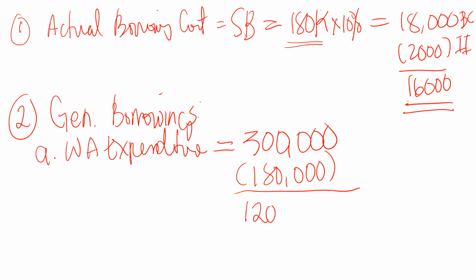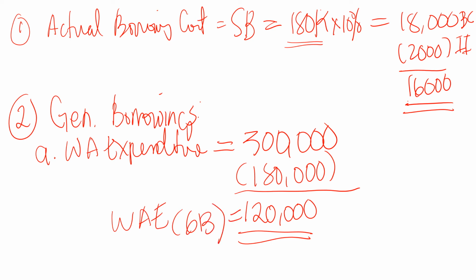So, lalabas 120,000 lang. Ito lang yung kukumpitan natin ng borrowing cost from general borrowings. So, this is the weighted average expenditure for general borrowings.